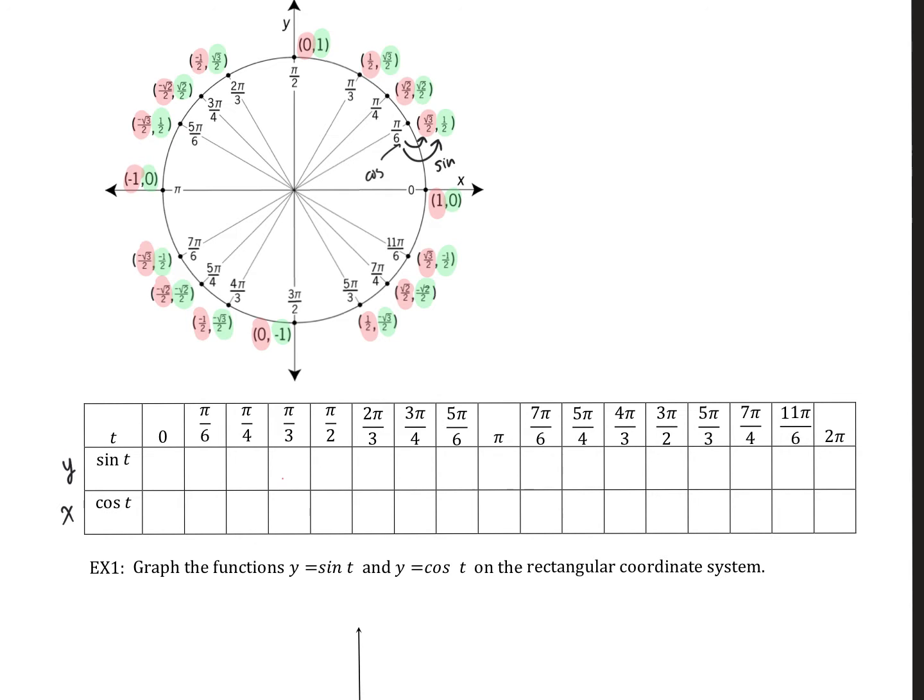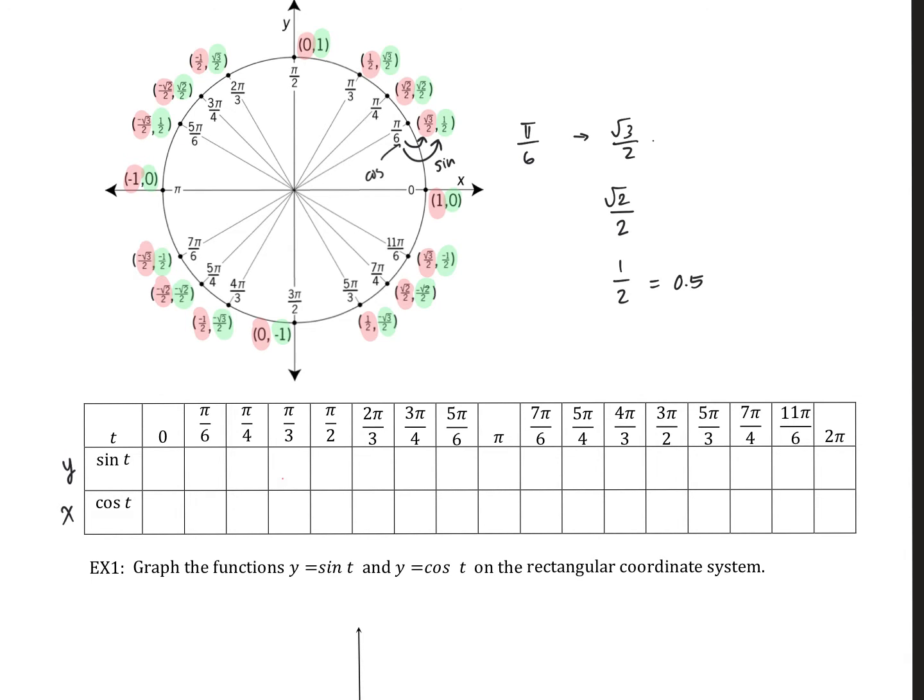For the sake of graphing it, we're going to find approximations because, for pi over 6, the matching value is root 3 over 2, and that's hard to graph. Another one that's hard to graph is root 2 over 2. Other than that, we know how to graph a half, which is just equal to 0.5, and 0 and 1, we can graph those numbers easily.